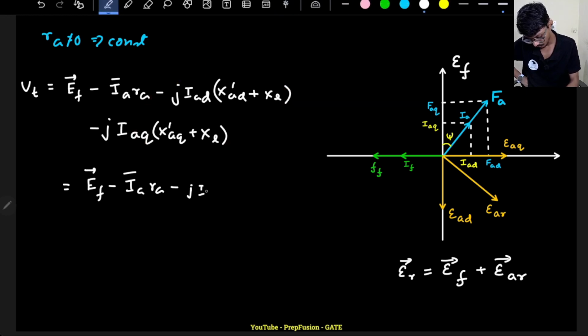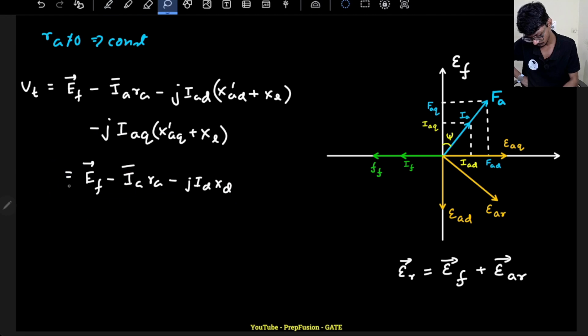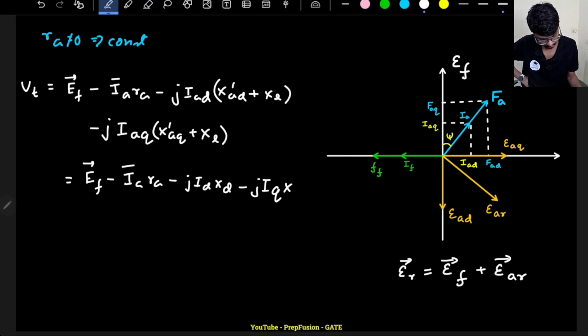Minus J, they will directly write ID into XD, minus J IQ into XQ.